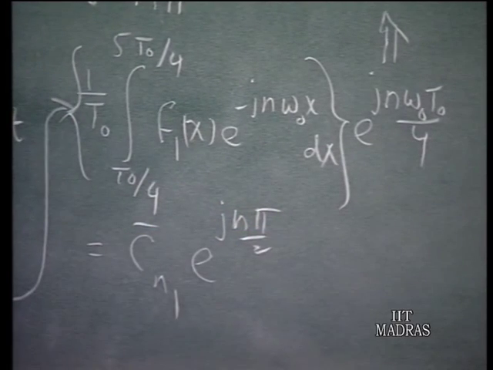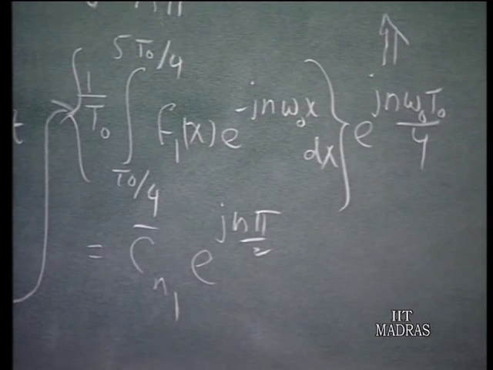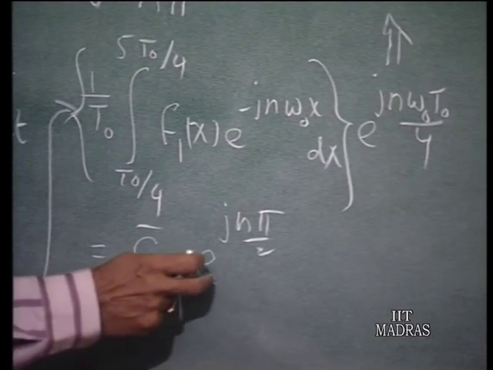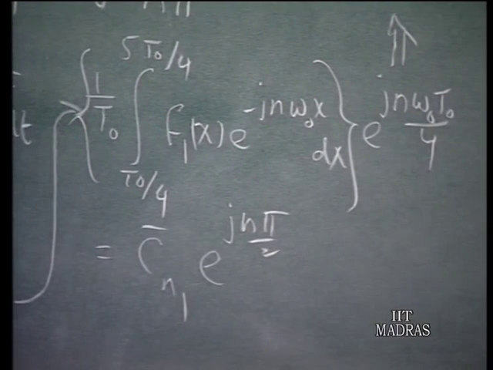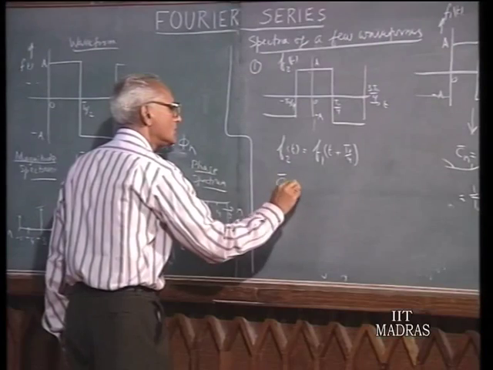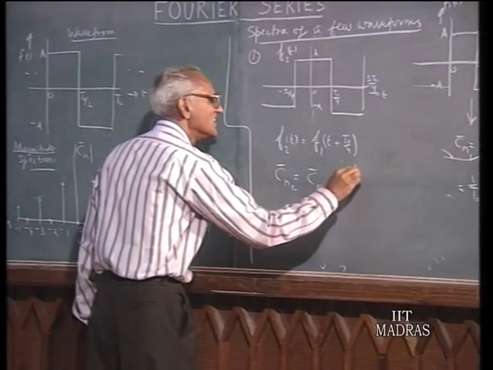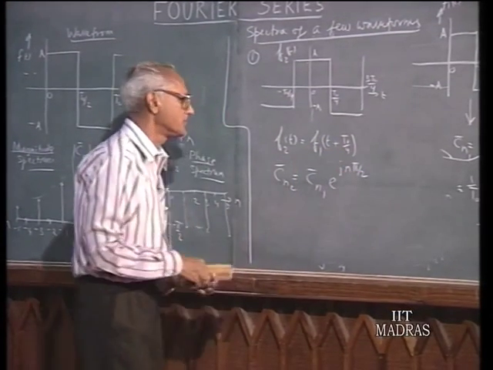So, e power jn pi by 2 has a magnitude 1, and its angle of course depends upon the value of n. So, Cn2 happens to be equal to Cn1 e power jn pi by 2.